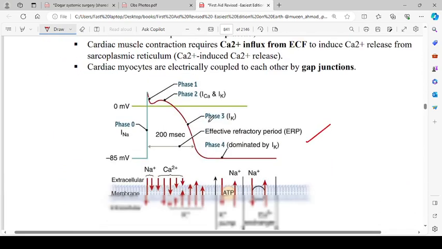In this graph, this upstroke is phase 0, mediated by the sodium influx. When we talk about the SA node and AV node, we'll see that there is calcium influx mediating that. So in myocardium, phase 0 is mediated by voltage gated sodium entry inside the cells.